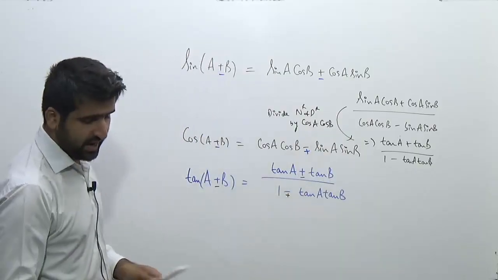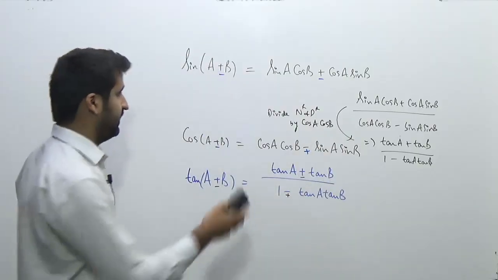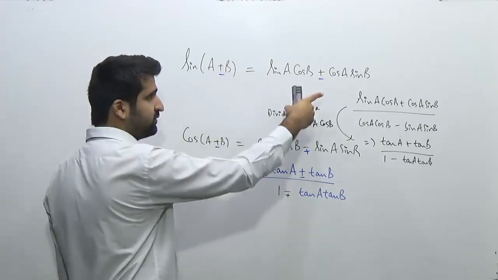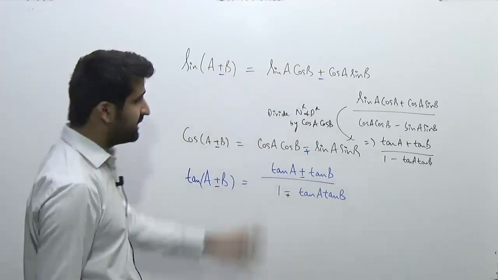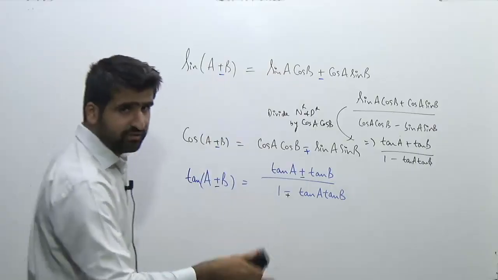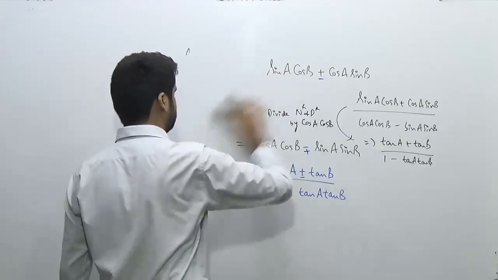So we have to learn these three formulae by heart. And if we learn the plus formulae, we will easily get the minus formulae by changing the positive sign into negative sign and vice versa.